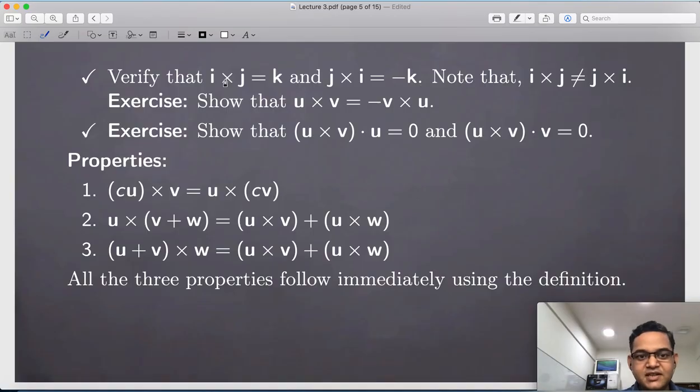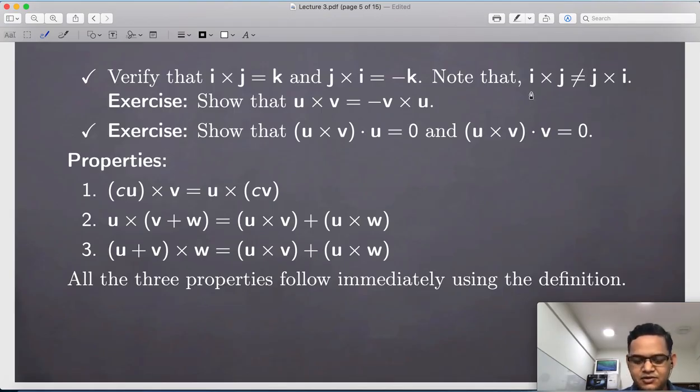You should notice that unlike the dot product, where u dot v and v dot u were the same numbers, here i cross j and j cross i are giving me different answers. One is k, another one is minus k. So this doesn't commute. If you change the order, you get a different answer.